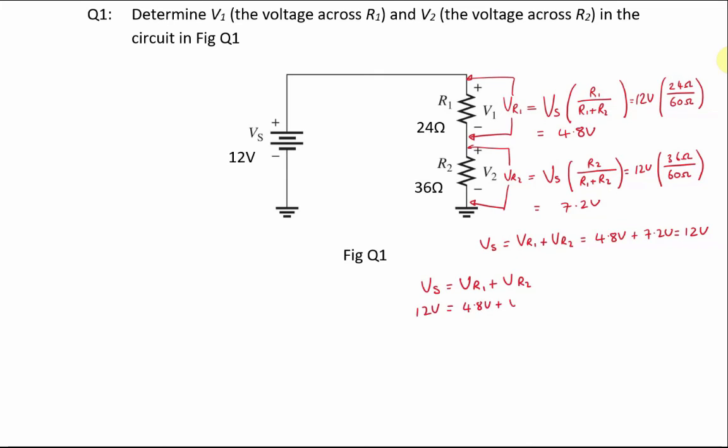So we could have calculated VR2 to be equal to your Vs minus VR1, which is your 12 volts minus 4.8 volts, and that gives you your 7.2 volts. So you could have taken either approach to calculate VR2.